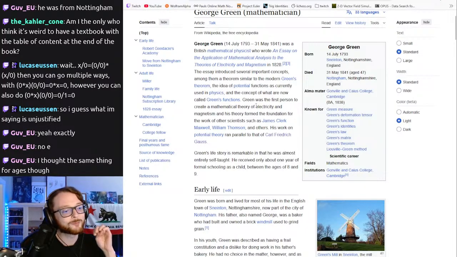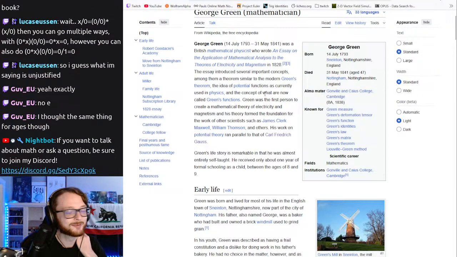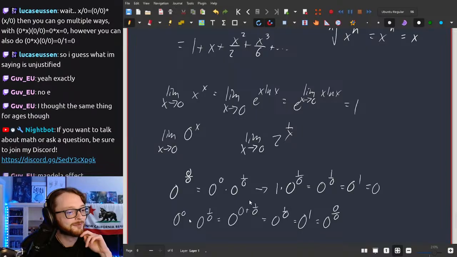I don't think it's weird to have a textbook with a table of contents at the end of the book. That is weird. What kind of textbook has it at the end? They're the same thing? Okay, maybe. But I wonder if it was famously misspelled somewhere or something. I don't know. That's awesome, though. He has a library named after him. Guess what I'm saying is unjustified. Mandela effect?